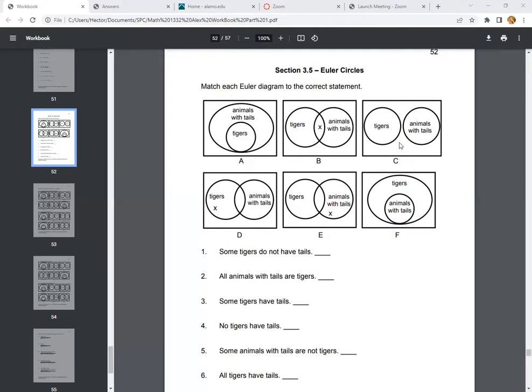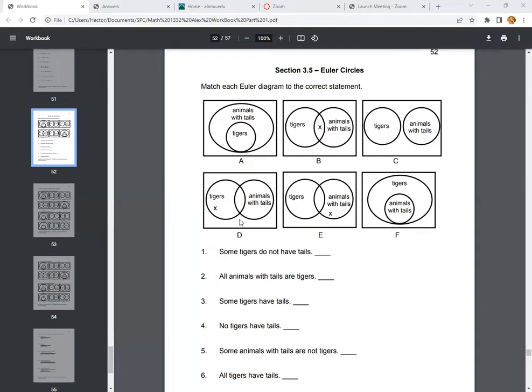Yeah, that is a good argument, but we're looking for the more precise representation. So keep an eye on C. I wouldn't say that it is not, because we're saying that some tigers do not have tails, and C says no tigers have tails, which means that some tigers don't have tails, right? So, okay, but let's see if there's another one that is more precise.